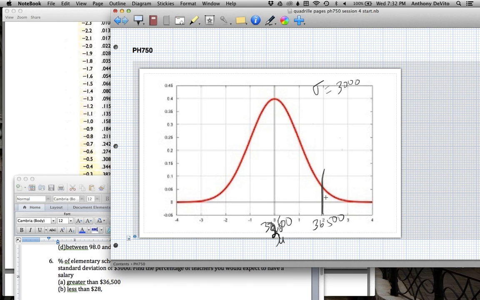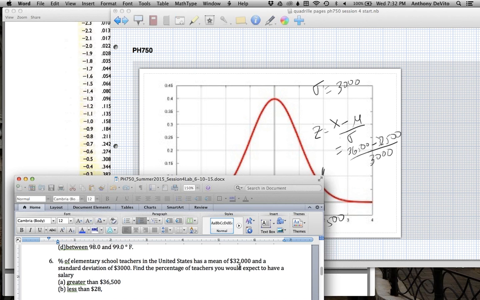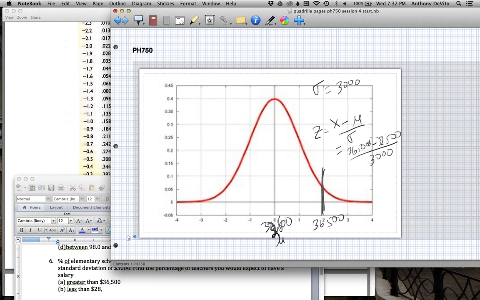$36,500. So what is the z-score for $36,500? So z is equal to x minus mu over sigma, which is equal to 36,500 minus 32,000 over 3,000. And what does that come out to? The mean was 32,000.